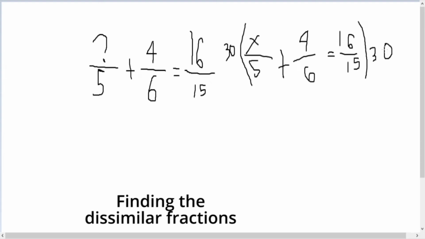Okay, so now first you divide the LCD by the denominator, and then multiply by the numerator. Okay, so now it should be like this. I'm going to put 32 right here. Then now 30 divided by 5 is 6, and 6x put here.